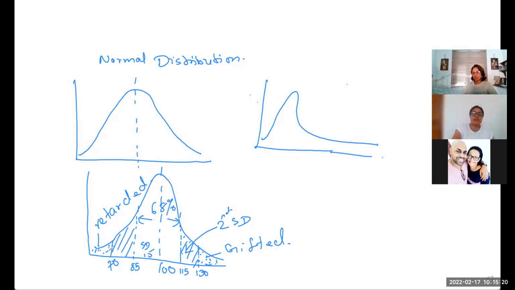If your IQ is less than 70, you say you have some kind of mental retardation. Do you see how this is applied in psychology and real life situations? That's how standard deviations are applied.